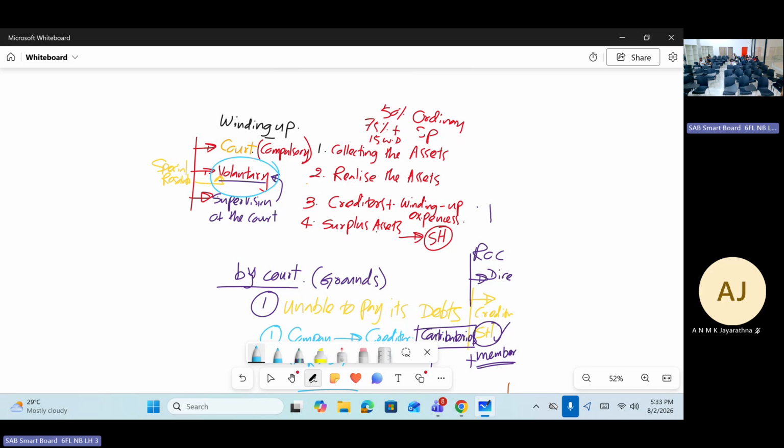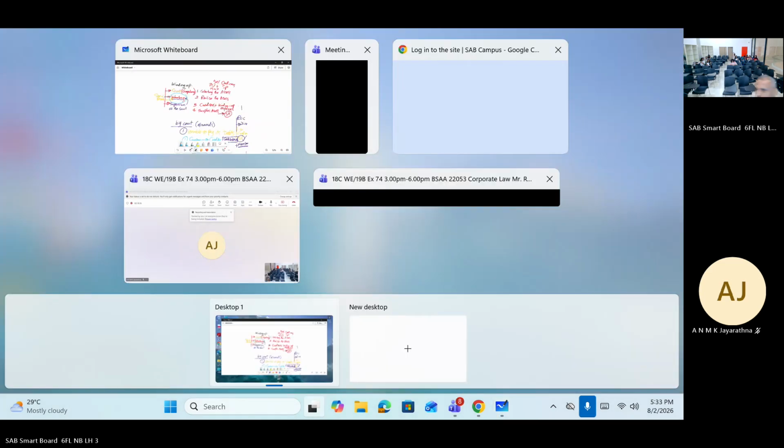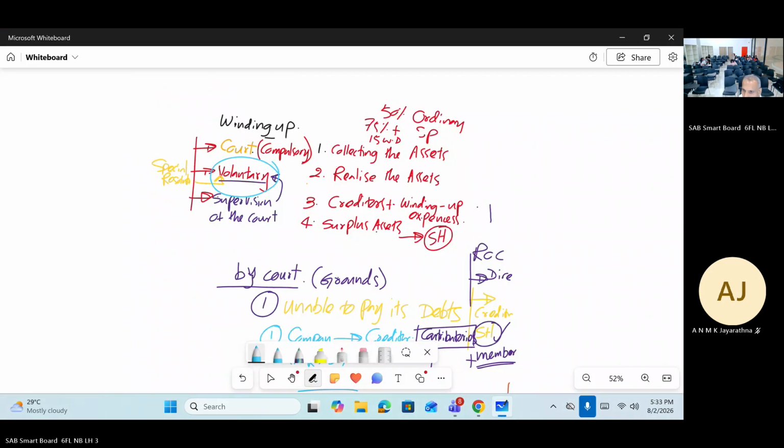Under voluntary winding up, there is a small concept we have to learn. I told you voluntary winding up means shareholders' voluntary winding up.